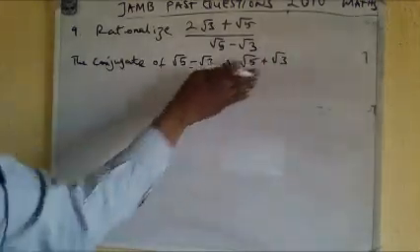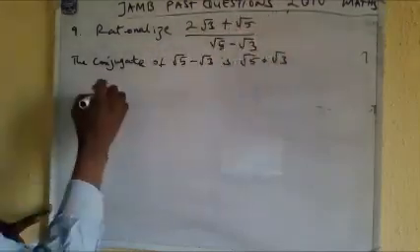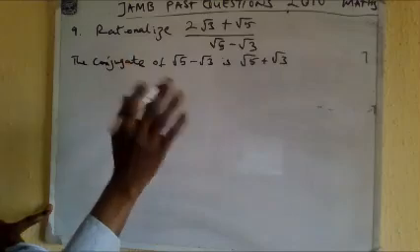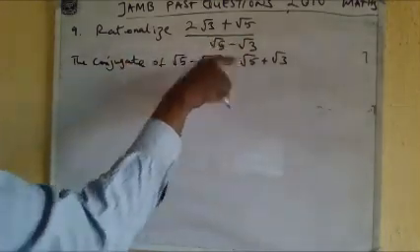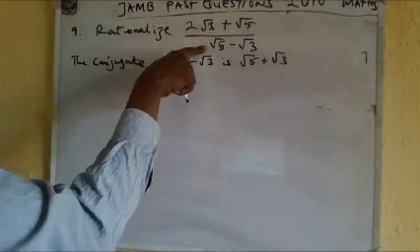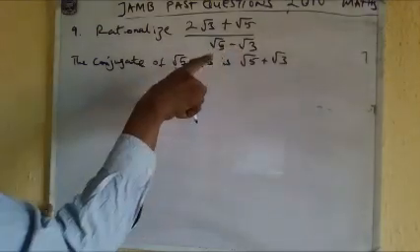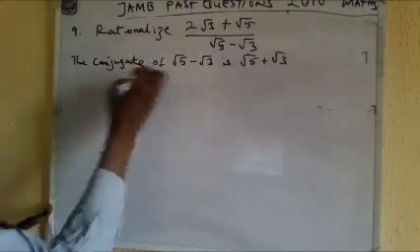So this one that is the conjugate, multiply it by numerator and denominator. That is what they call rationalization. And the aim, the goal is to make the denominator a real number without the roots, to make it in a non-complex form. All right, so let's rationalize.